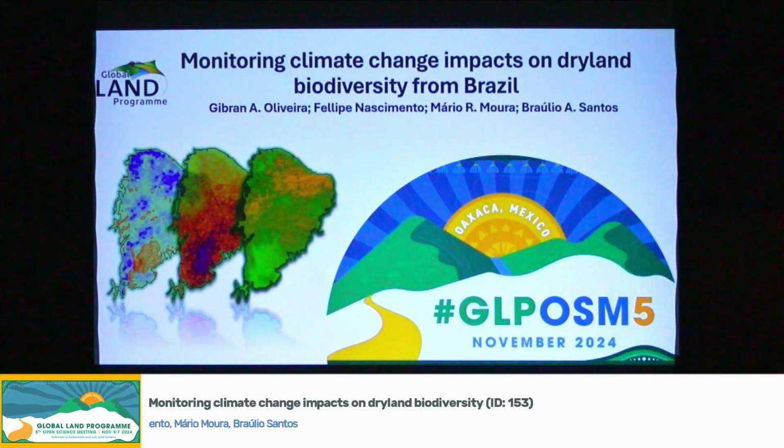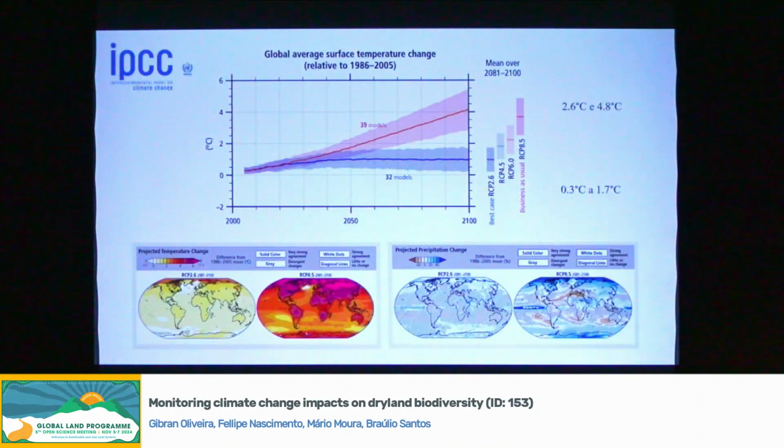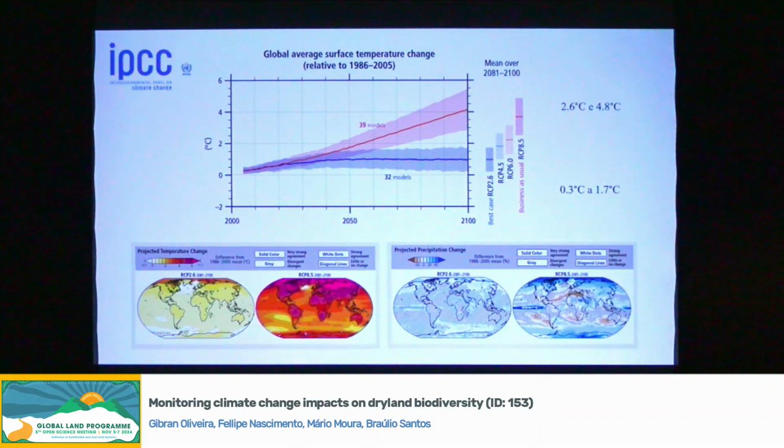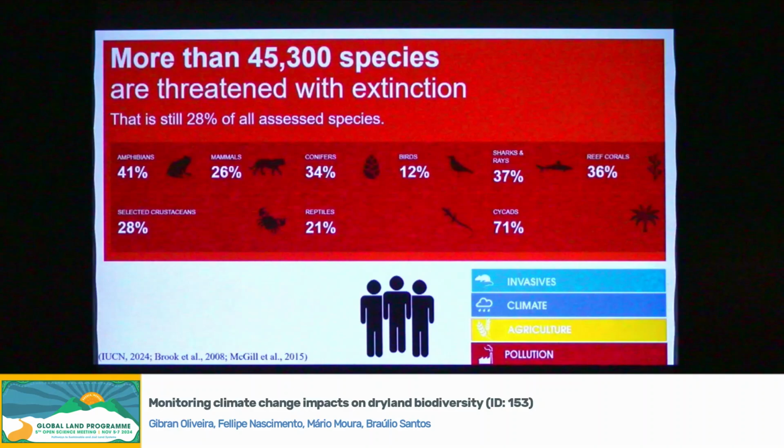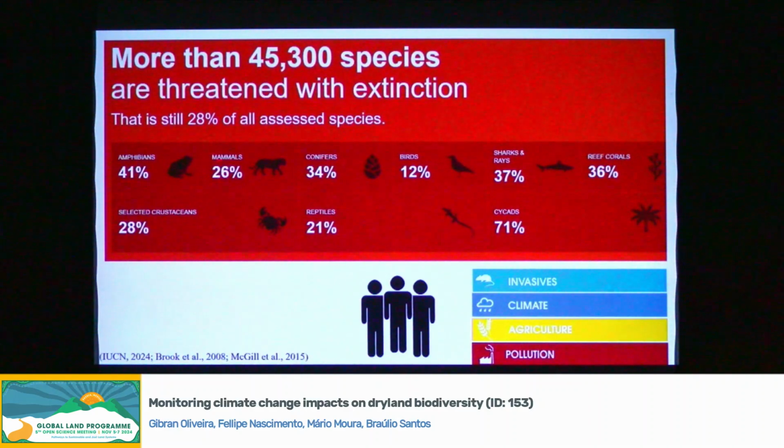So first of all, hi everyone, I'm Gibran, and I'm here to talk about my work team project. The title is monitoring climate change impacts on dryland biodiversity from Brazil. You already know about the climate change projection, and we will see an increase in temperature. And we already know about the main cause of extinction risks on species, mainly on mammals and some plant groups.